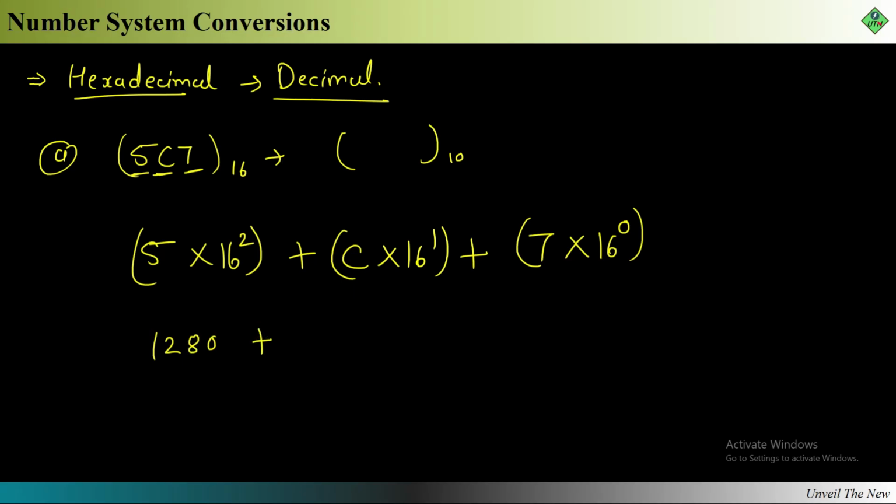If you simply see, C is after A and B. A represents 10, B represents 11, so C represents 12. So 12 into 16 will be 192, and 7 into 16 raised to 0 will be 7. Finally if you add all of them, 1280 plus 192 plus 7 will be 1479.